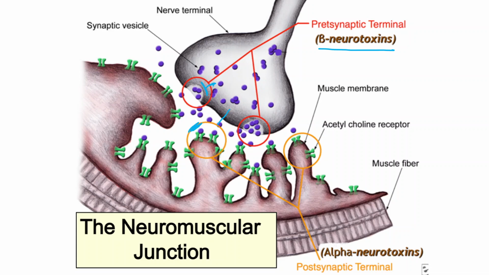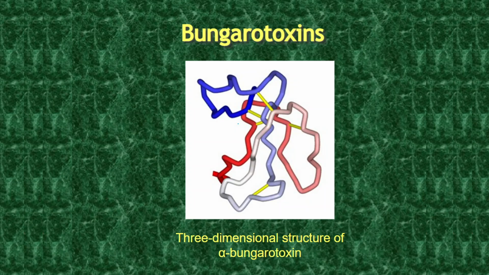This is the acetylcholine receptor which has been clustered here, and bungarotoxin is one alpha neurotoxin because it blocks these acetylcholine receptors present on the NMJ. Bungarotoxin travels through the synapse so that it reaches the acetylcholine receptor. This is the structure of bungarotoxin. As you can see, it's not a very big protein. It's actually a small peptide.